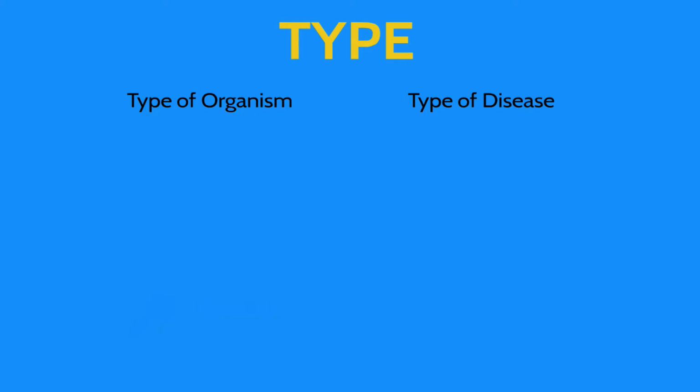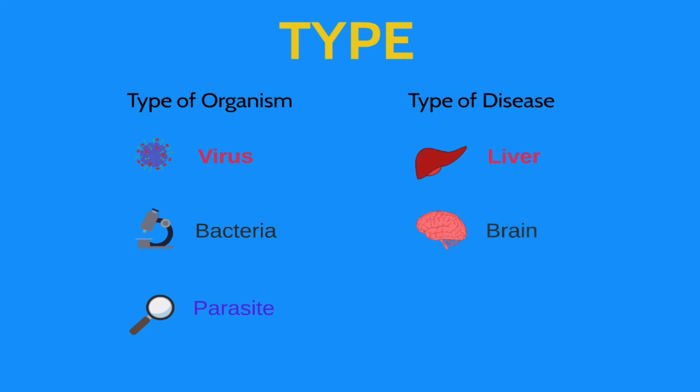Organisms that cause most diseases are viruses, bacteria, and parasites. By type of disease, we're referring to how it affects the body and the person living with it. For example, is it a disease which affects the liver, the brain, or the gastrointestinal system, to name but a few types of disease?